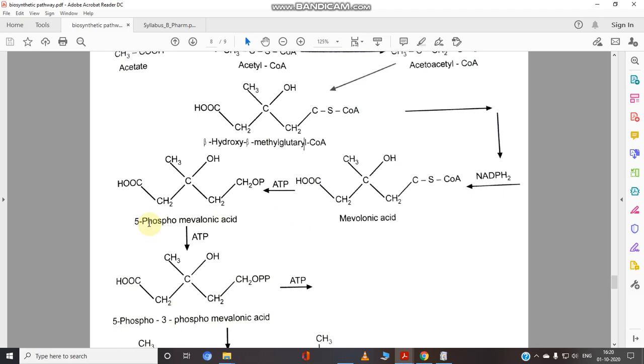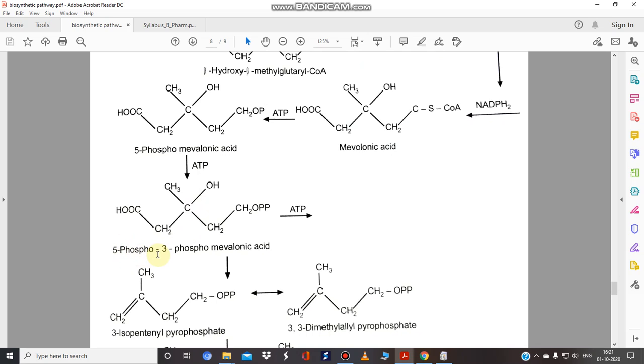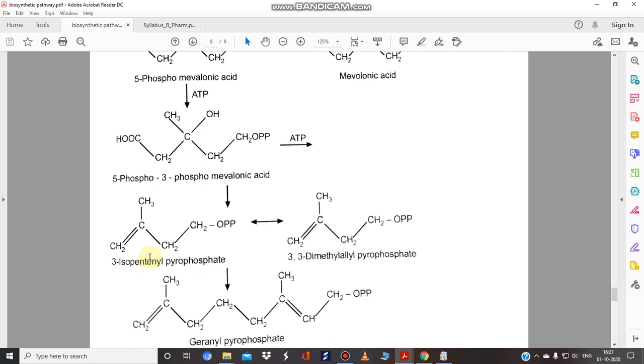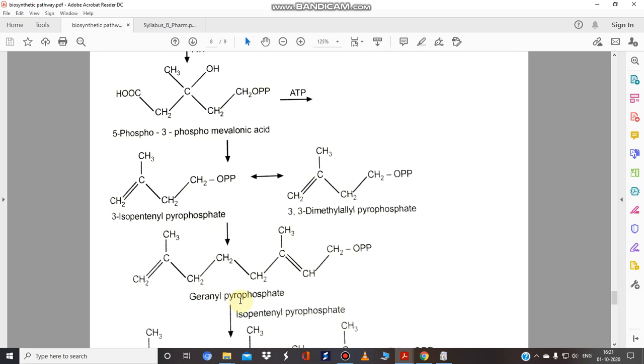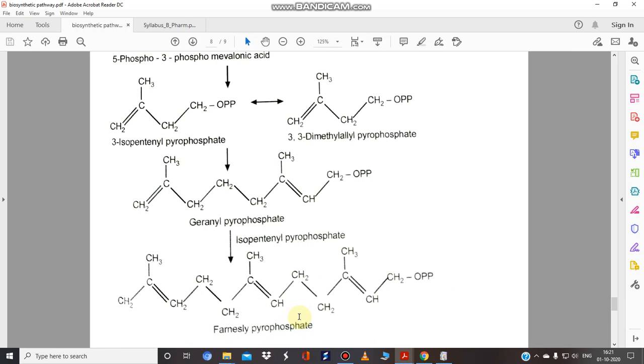Then mevalonic acid is produced, then 5-phosphomevalonic acid, then 3-phosphomevalonic acid, then IPP, isopentenyl pyrophosphate, GPP, that is geranyl pyrophosphate, and then FPP, farnesyl pyrophosphate, is produced.